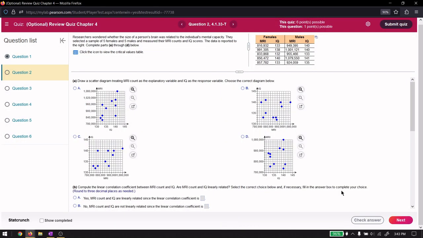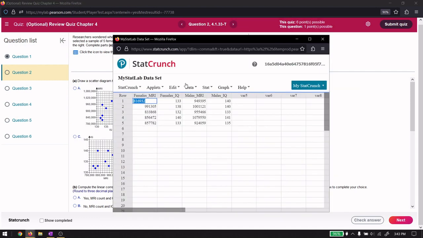Okay, the next problem says researchers wondered whether the size of a person's brain was related to their mental capacity, or the MRI to IQ. They selected 5 females and 5 males, and here is the data. Okay, draw a scatter diagram for everything. Let's go ahead and copy this.